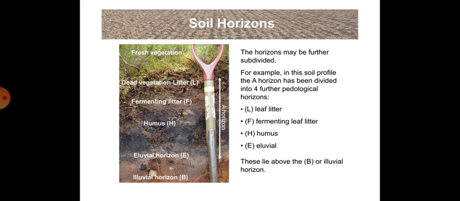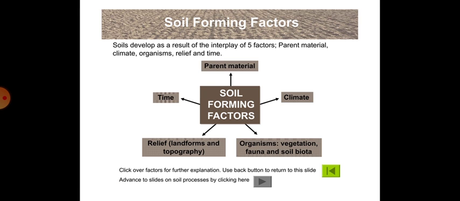These lie above the B or alluvial horizon as shown in the figure. There are some soil forming factors. Soils develop as a result of the interplay of 5 factors: parent material, climate, organisms, relief, and time. These are all soil forming factors.